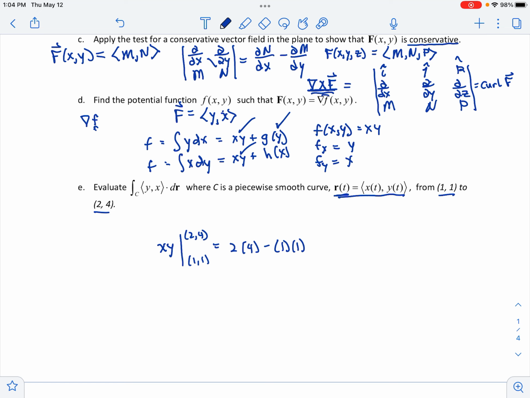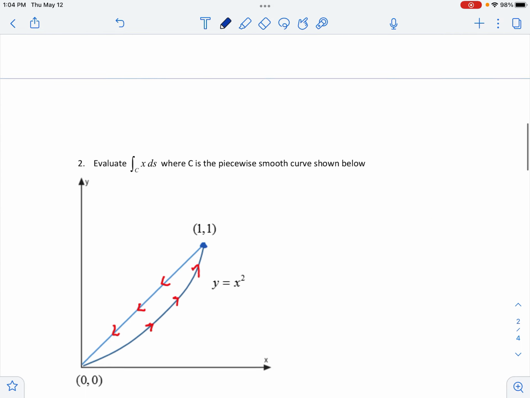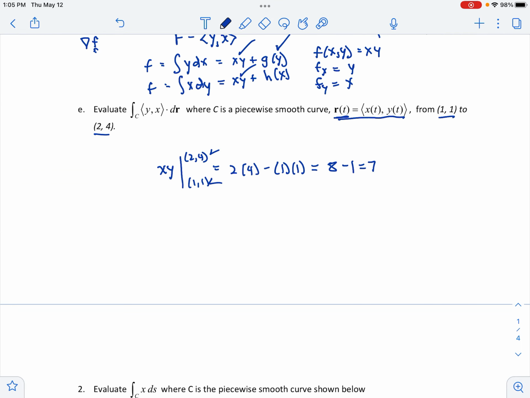We start from the lowest point, go up to, the starting point is here, the ending point is here. And we would get 8 minus 1, which is 7. And that's it. Okay, now there we have a conservative vector field. And we can do this. This is the fundamental theorem of calculus.